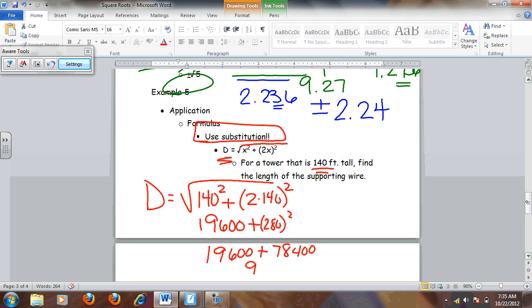I get 98,000. I need to find the square root of 98,000. Something's not working out right. To the nearest tenth of a foot, I have 313 feet.